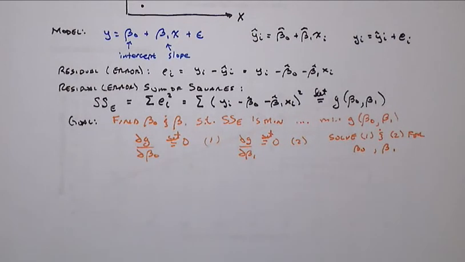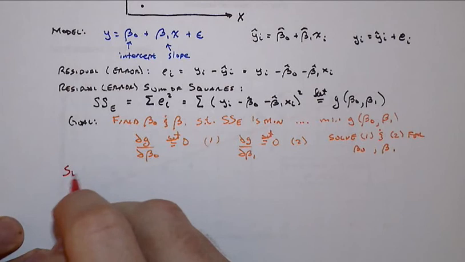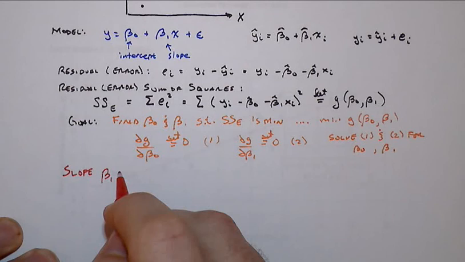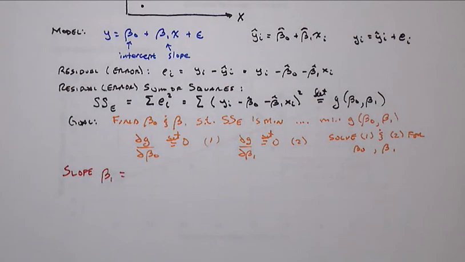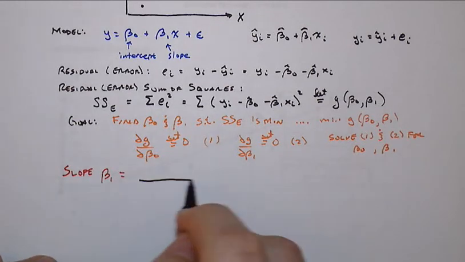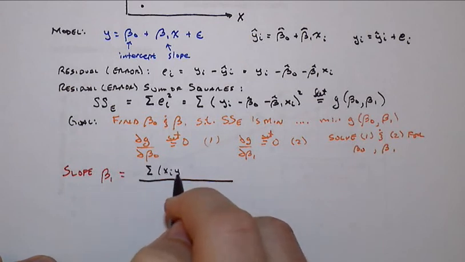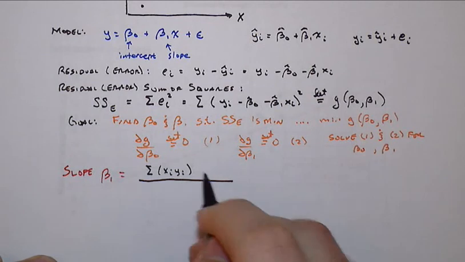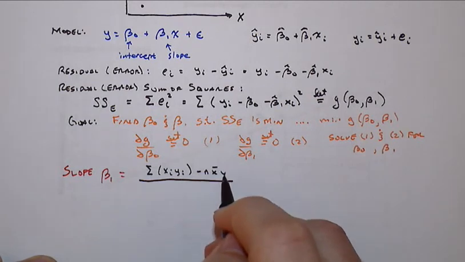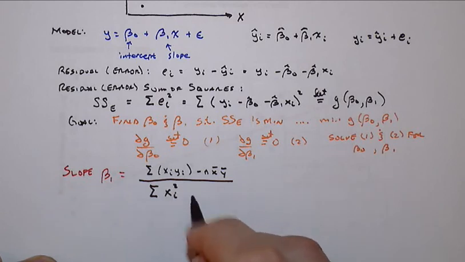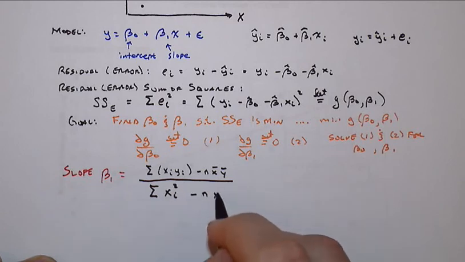What you're going to end up with is that our slope beta 1 is going to be equal to the sum of the mixed product terms x i times y i minus n times x bar times y bar, these being the sample means of the respective ones, divided by the sum of the x's squared minus n times x bar squared.